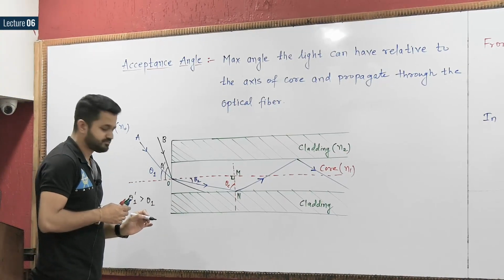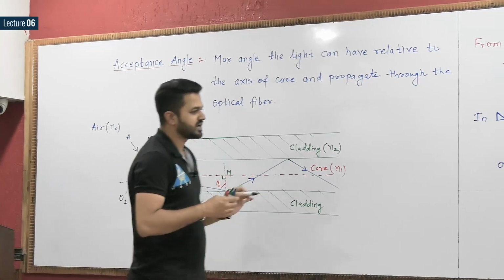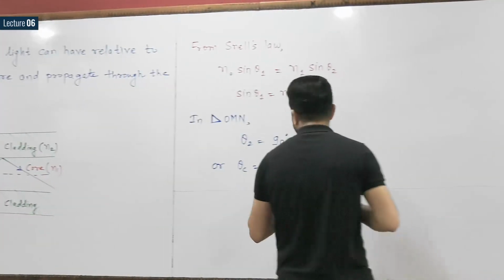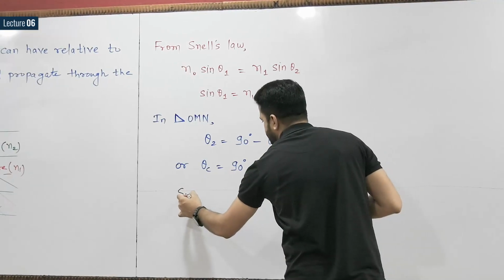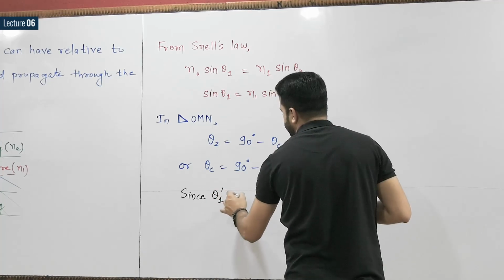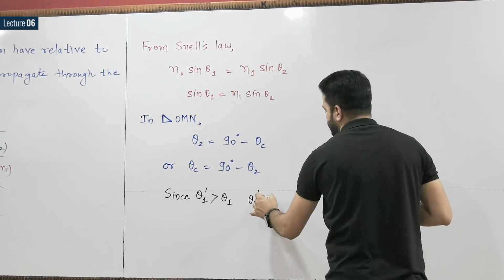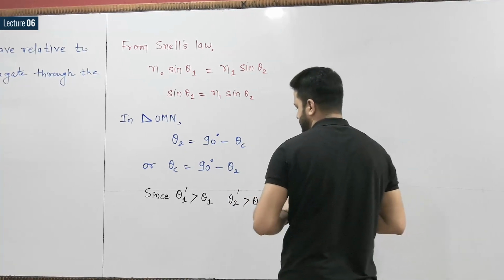Now what will happen? So if you find here, you can relate it from here. Since theta 1 dash is greater than theta 1, theta 2 dash will be greater than theta 2.